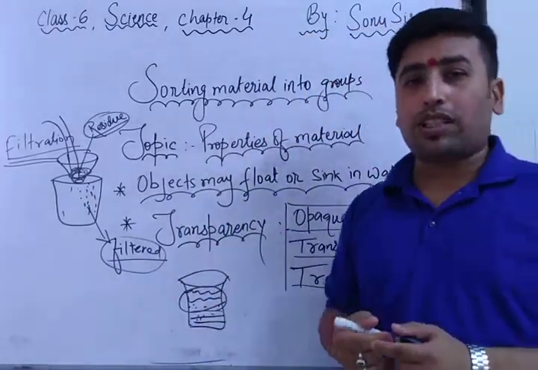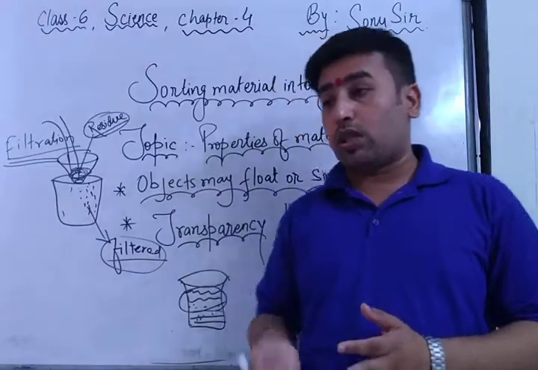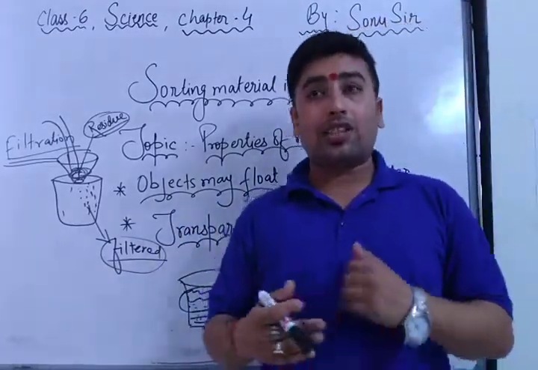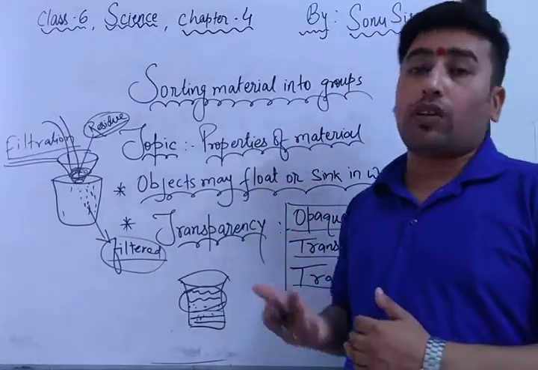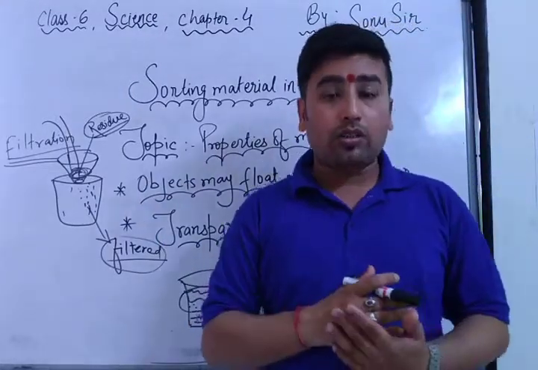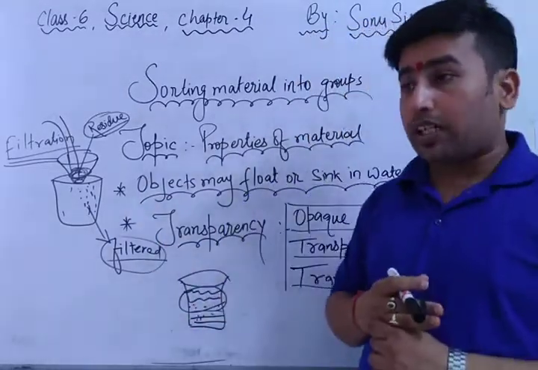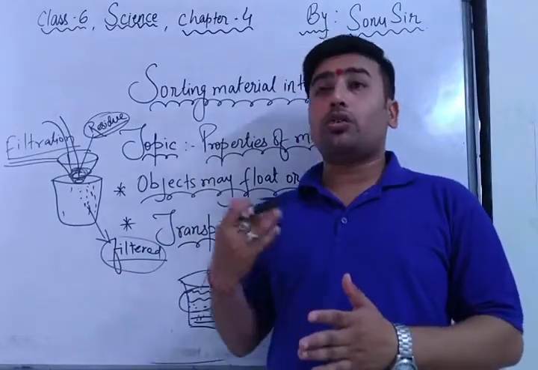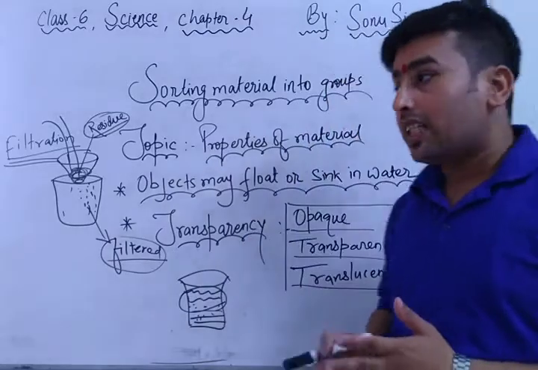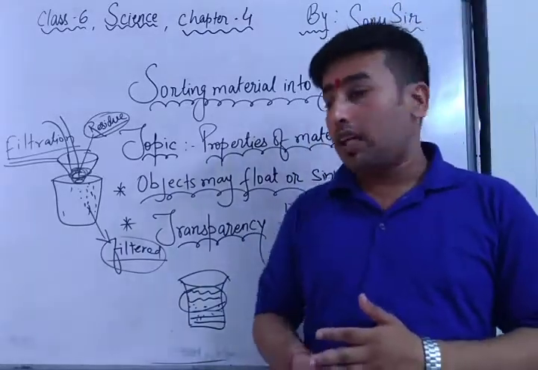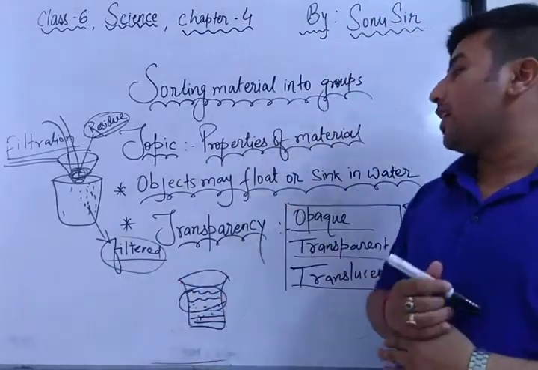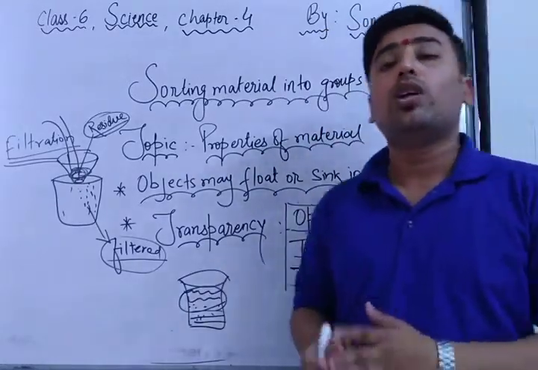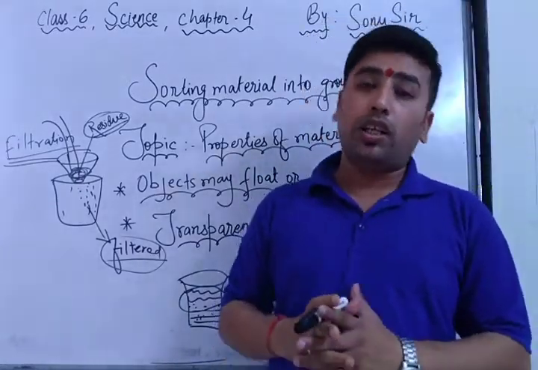Different methods were there, as we studied earlier, and today we discussed how we can check the hardness and the physical state, like solid, liquid or gaseous. We can sort materials according to uses, nature, hardness, soluble or insoluble, whether they float or sink on water, and according to transparency also, into different groups.